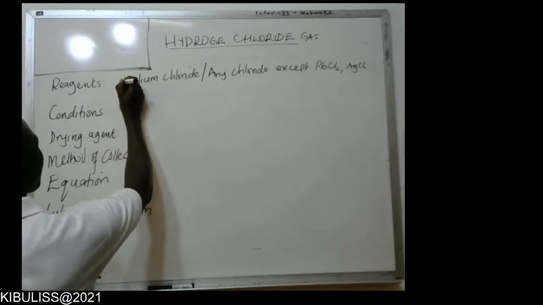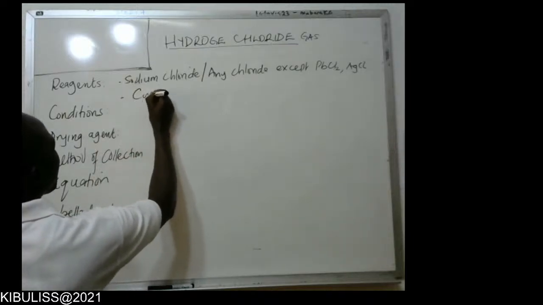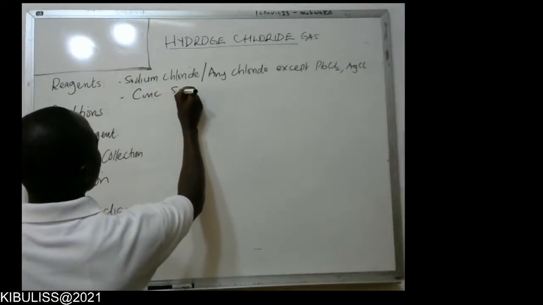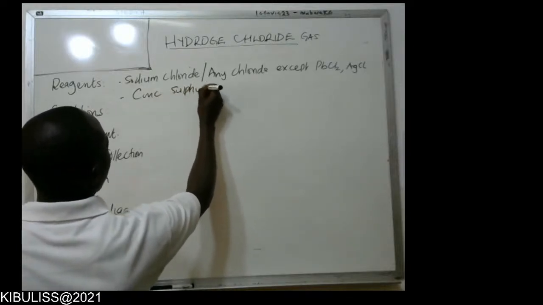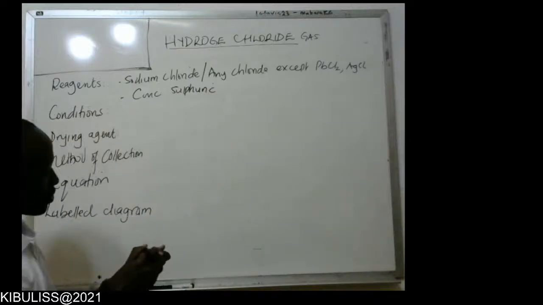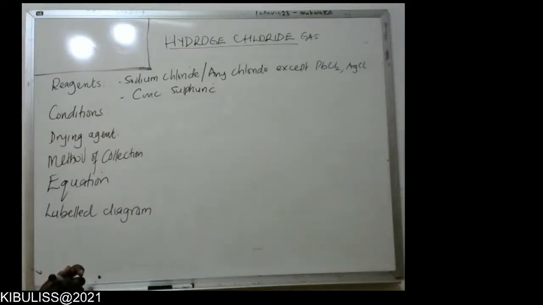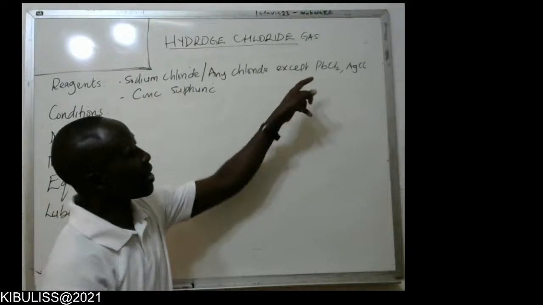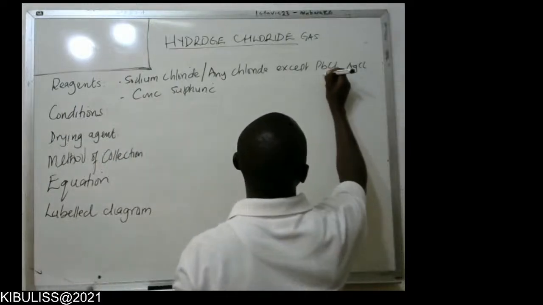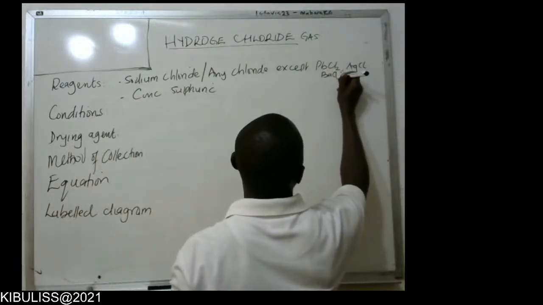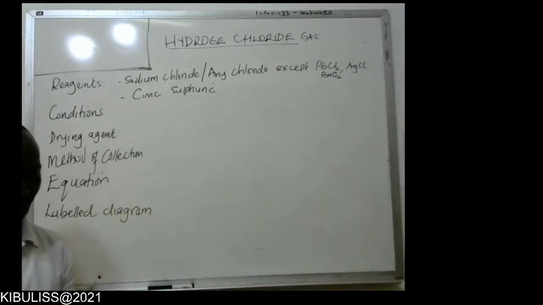So what else shall we need? We shall need concentrated sulfuric acid. Now, I think you are capable of seeing why we may not use this. I can include one. There is also barium chloride, which will not be used.